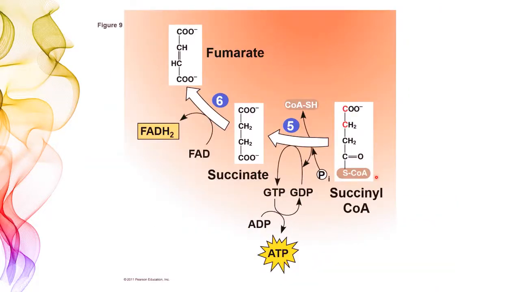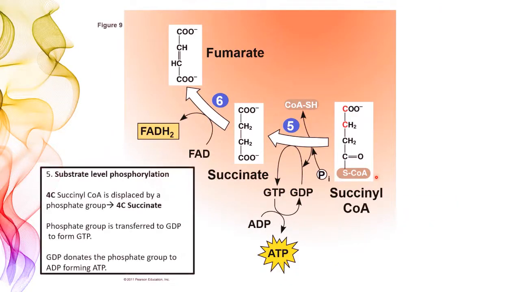Next, the succinyl-CoA will undergo substrate level phosphorylation. The 4-carbon succinyl-CoA is displaced by a phosphate group into a 4-carbon succinate. The phosphate group is then transferred from the structure to a GDP, forming GTP.